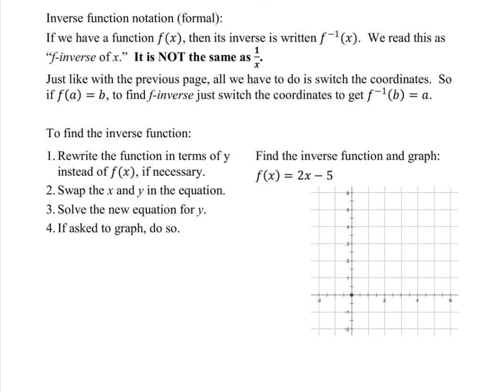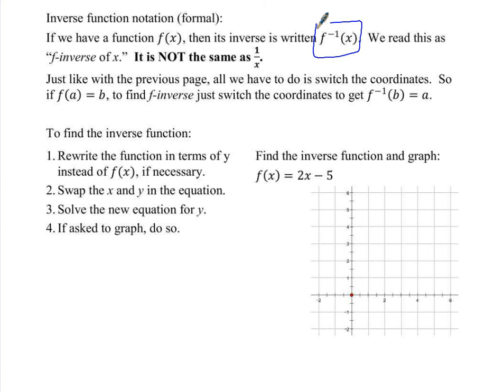It's not good enough to live in Algebra 2, so we got to make it more complicated with inverse function notation. This is the formal notation for an inverse function. If we have a function f of x, then its inverse is written, what does that say? Yes. It says the inverse of f of x, or it says f inverse of x.